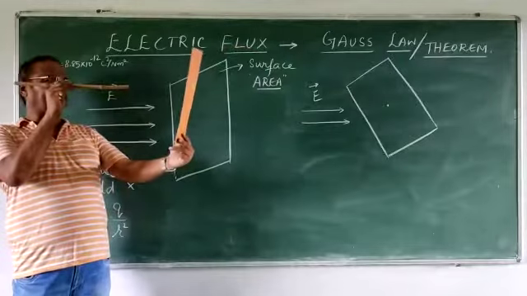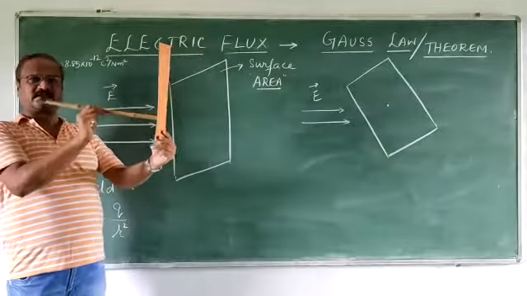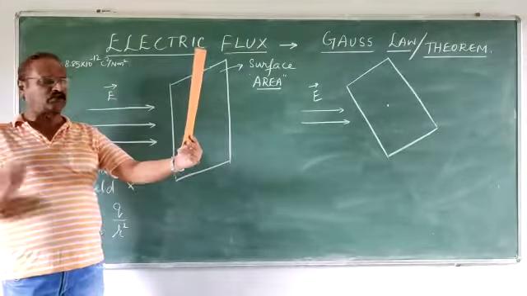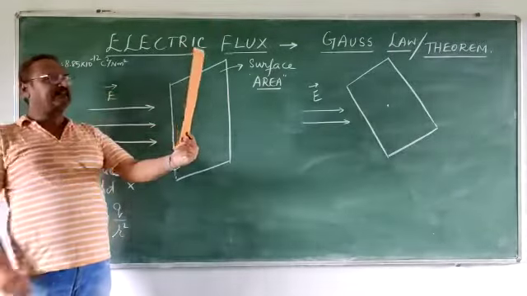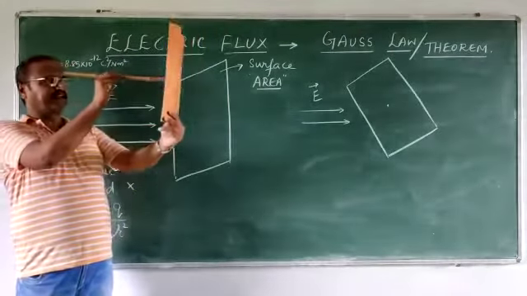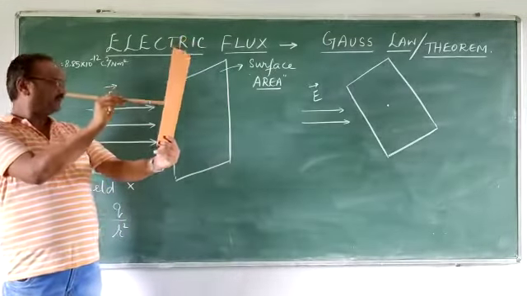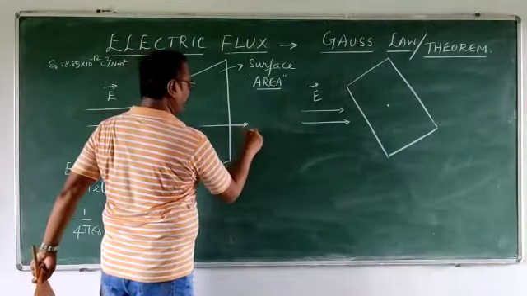Now electric field lines are passing through the surface. Fine. The surface has been placed normal to the electric field. Understand very clearly. The electric field and the surface are normal. Okay, now the electric field lines are passing through this area.